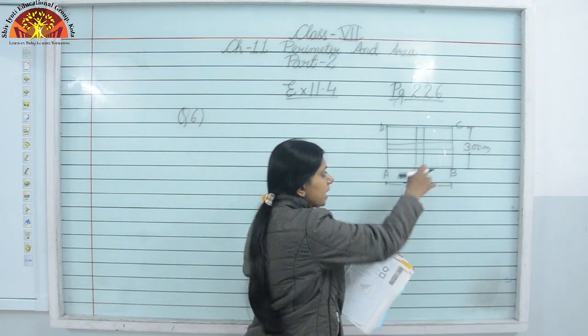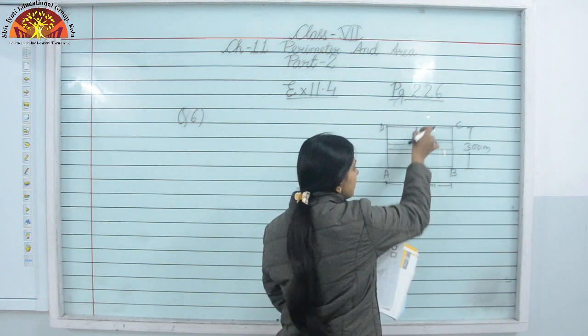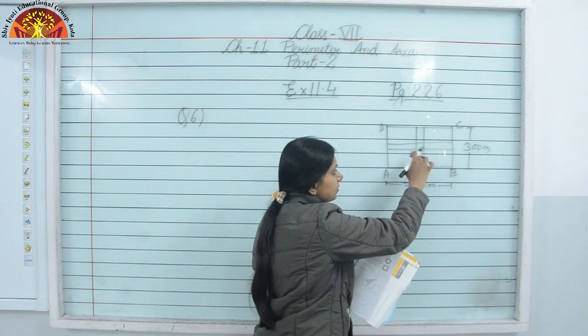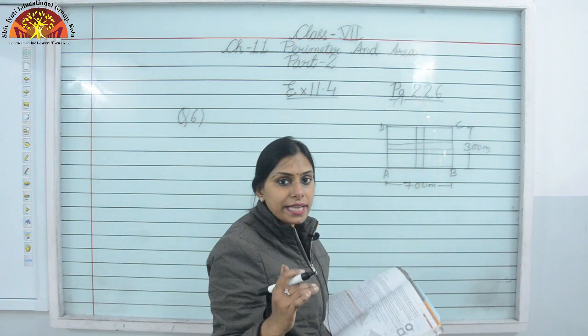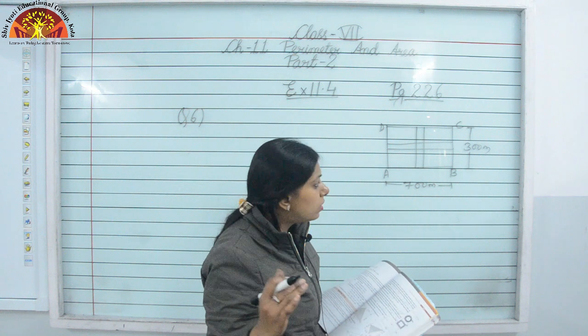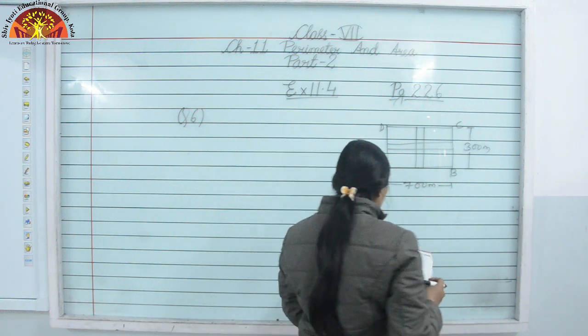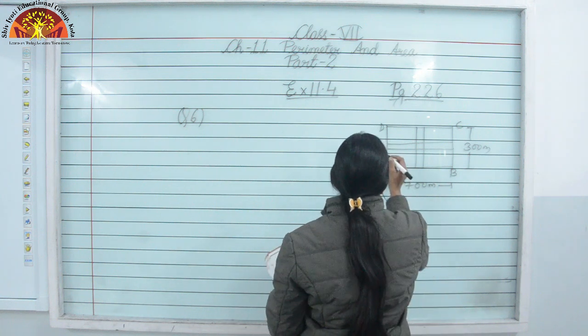ये क्या ABCD क्या है, एक रेक्टेंगुलर पार्क है और इसके सेंटर में क्या है, क्रॉस रोड से, और इनका एंगल क्या है, these lie at right angles. These roads cross each other at right angles. Okay, and you have to find the area of the roads.